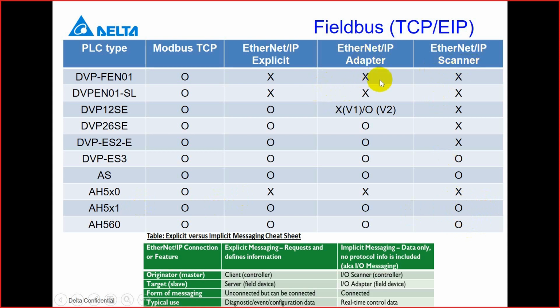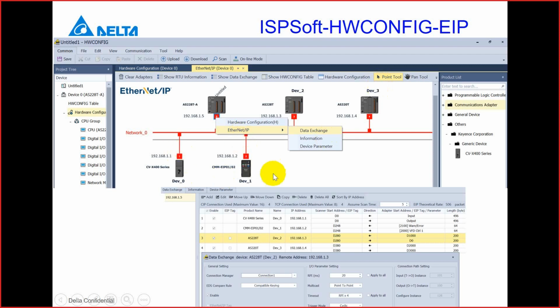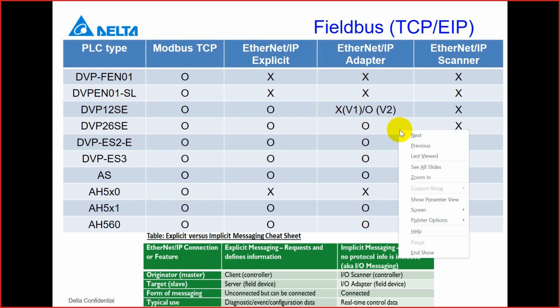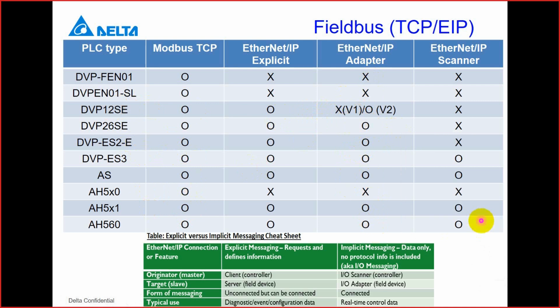Okay, then for this device, we can call this one adapter. For the adapter, most of the series can also support it, but here I just want to emphasize the 12SE.